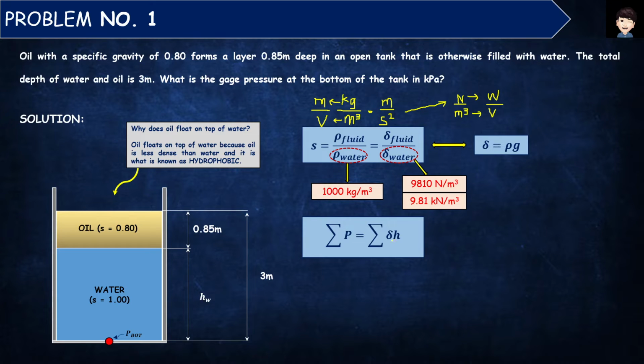So, yung gamma dyan, gamma ng fluid. So, paano natin makukuha yung gamma ng fluid? Okay, we can cross-multiply the gamma of water to the specific gravity. Therefore, gamma of fluid is equal to specific gravity times gamma of water.